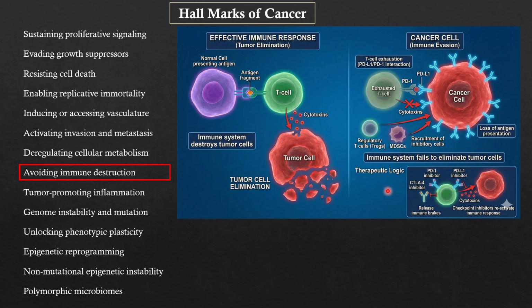So the therapeutic angle is that certain inhibitors, PD1 and PDL1 inhibitors, can bind to these surface antigens, and as a result, the cytotoxins will be normally produced, and this creates checkpoint inhibition and reactivation of the immune response.